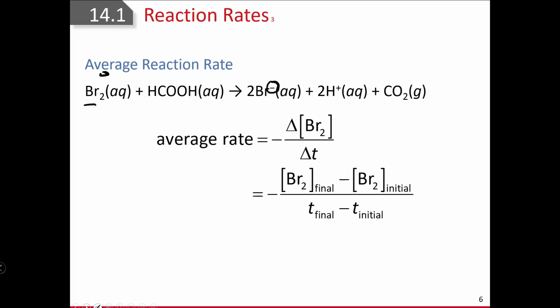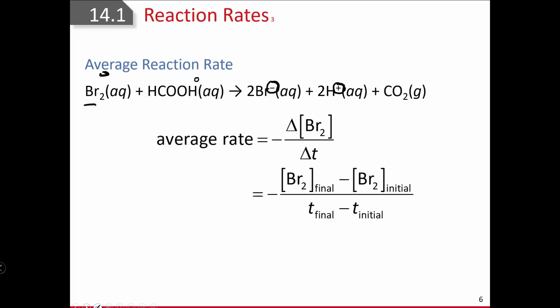And the carbon is changing too. Here it's actually a 0 oxidation state, and it's going to a +1 oxidation state. That's where our oxidation reduction is.